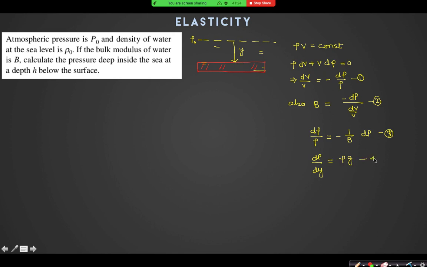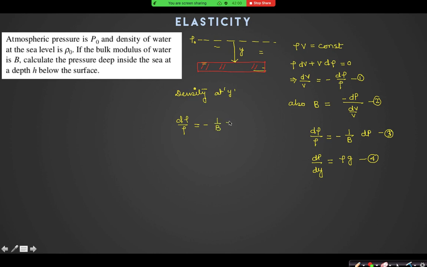Now look, I have two equations. From these two equations, I can find density as a function of y as well as pressure as a function of y. First I have to find density as a function of y. I can use this equation: d rho by rho is equal to minus 1 by b into dp.